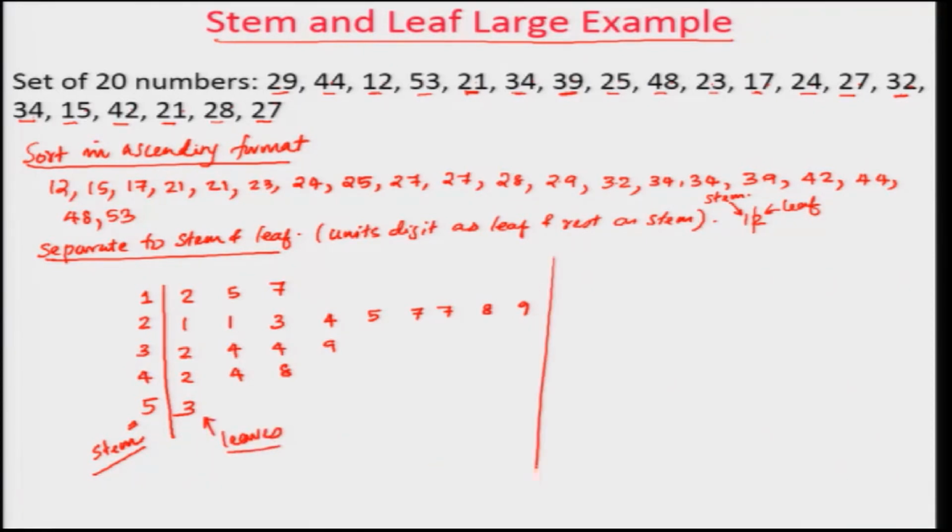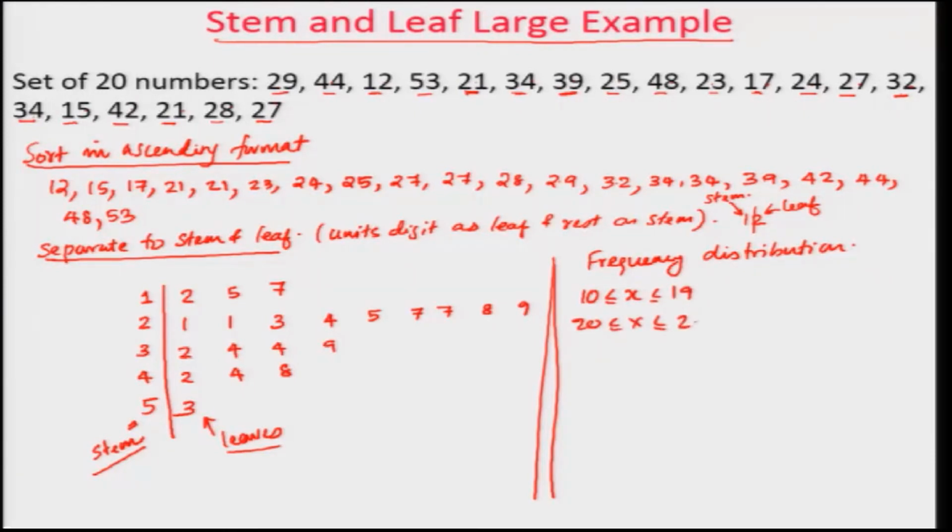Now, if you compare it with a frequency distribution, I can make a frequency distribution saying 10 less than or equal to x less than or equal to 19, 20 less than or equal to x less than or equal to 29, 30 less than or equal to x less than or equal to 39, 40 less than or equal to x less than or equal to 49, 50 less than or equal to x less than or equal to 59.